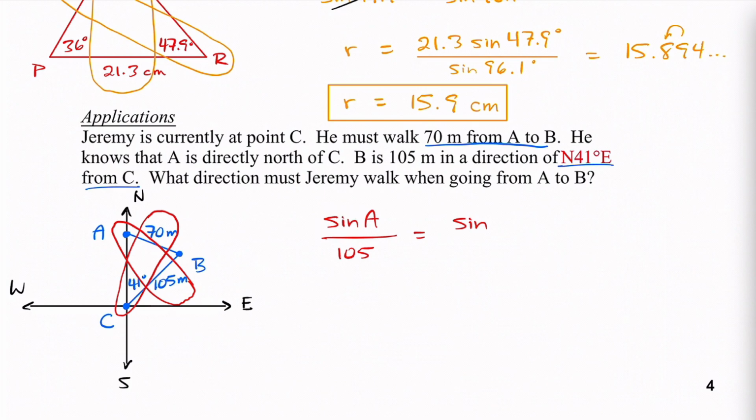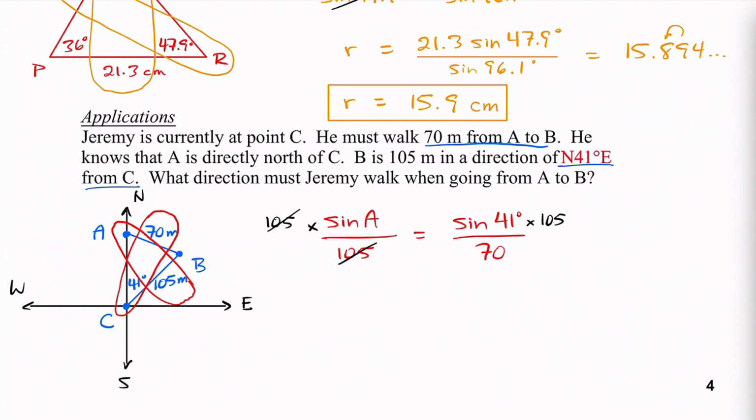So sine of the angle, 41 degrees, over the one that matched with it, which was 70 meters. Okay, and then I got to get that angle A by itself. So we're going to first multiply on both sides by 105 meters. Do that on both sides. Those are going to cancel out.